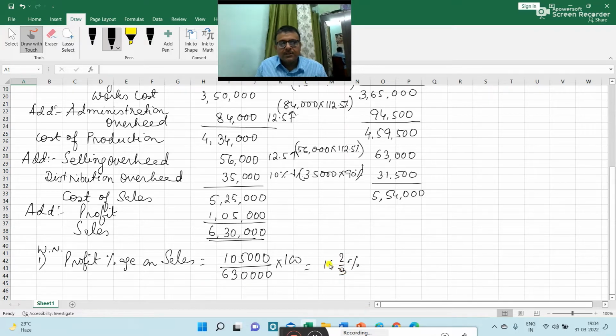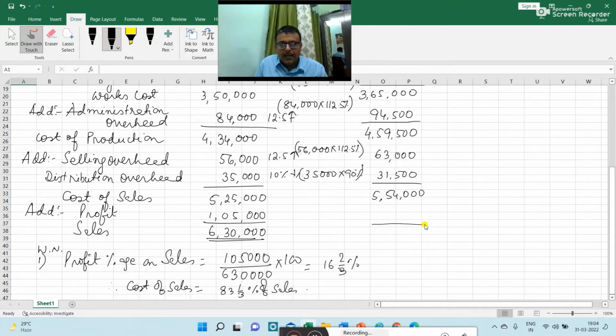If the profit is 16 2/3%, then the cost is 83 1/3%. This represents, therefore, cost of sales is 83 1/3% of sales. So here this 5,54,000 represents 83 1/3% of sales.